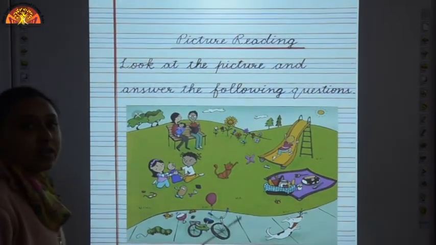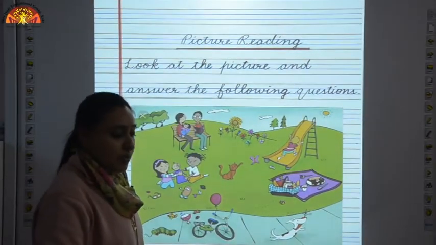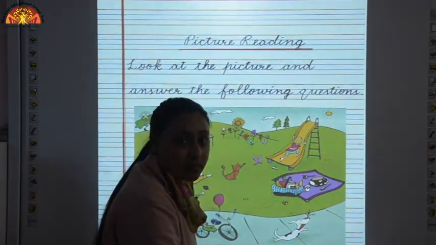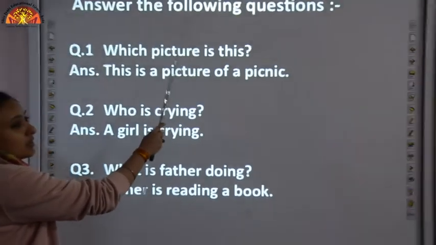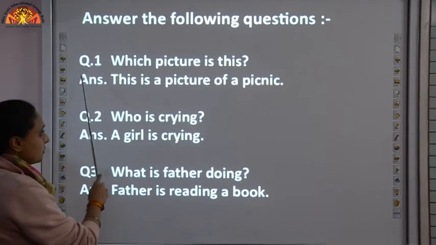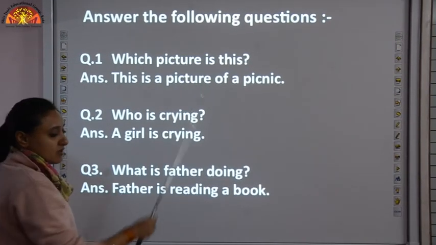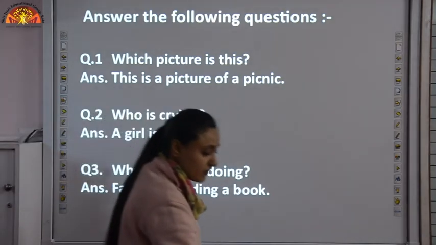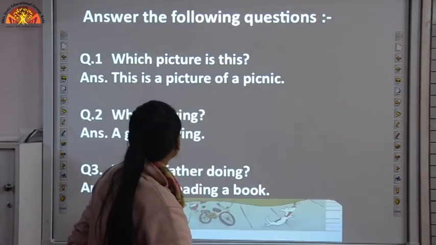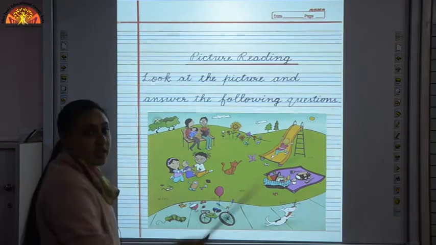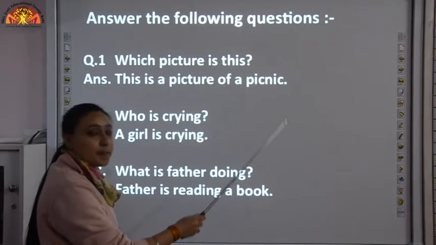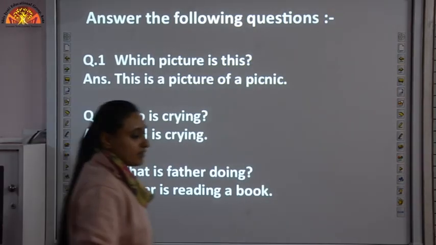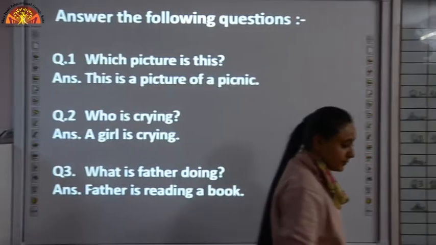Now children, we will do some questions based on this picture, okay. Answer the following questions. Question 1, which picture is this? So children, look over here. Which picture is this? Answer is, this is a picture of a picnic, okay. I'll write it for you on the board.